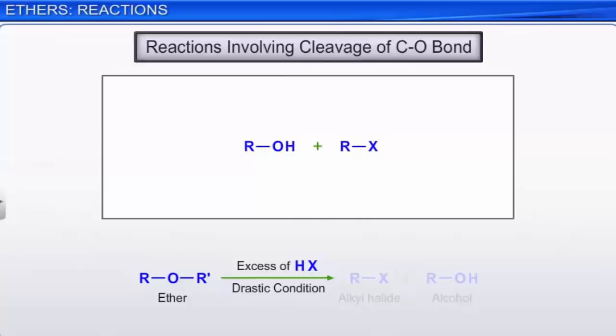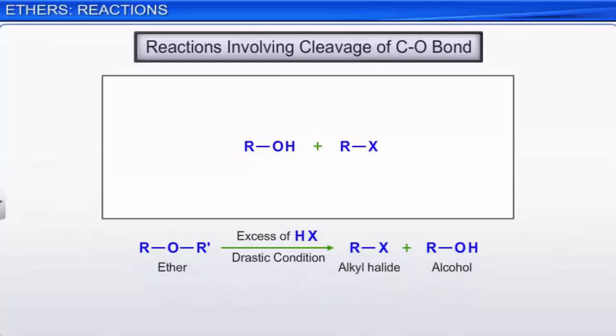These reactions require an excess of hydrogen halides and heating. In the presence of hydrogen halides, an alkyl halide and an alcohol are produced. The alcohol formed under these conditions then reacts with another hydrogen halide molecule to form a second alkyl halide.